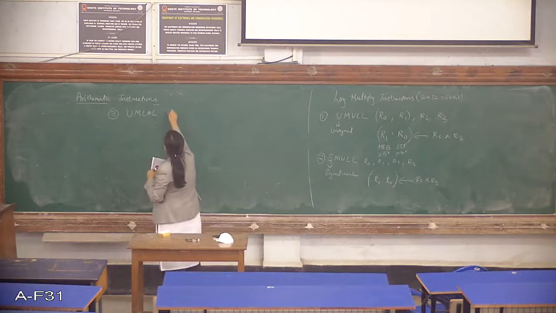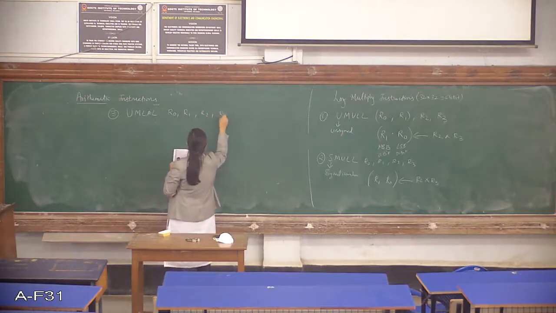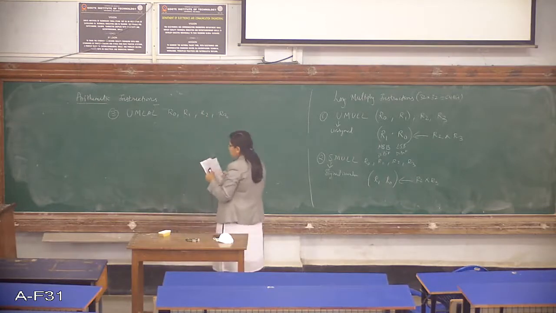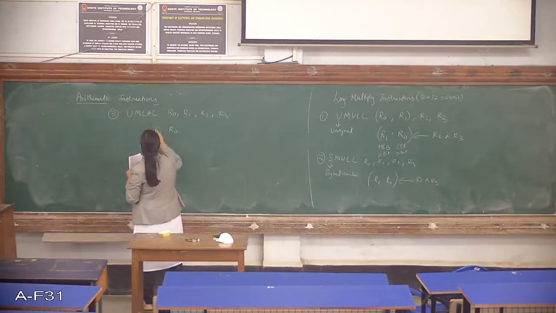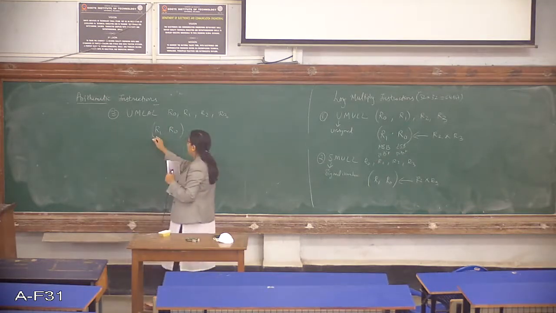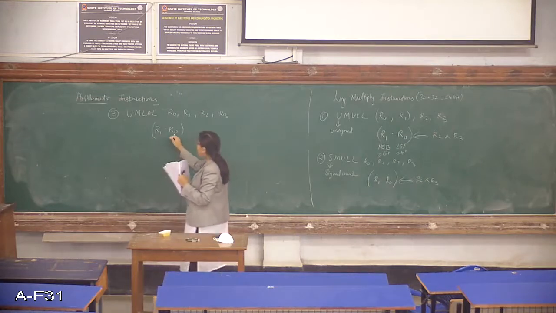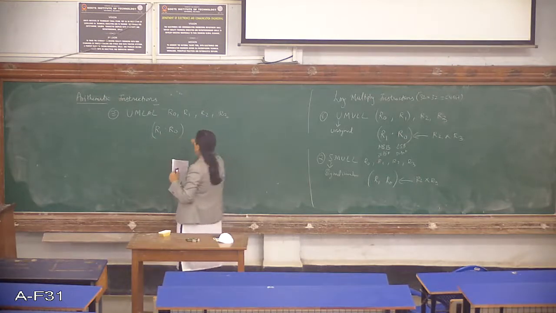So here we have the syntax as R0, R1, R2 and R3. What is happening here? R1, R0 are the destination registers, where R1 will have the MSB result and R0 will have the LSB result.